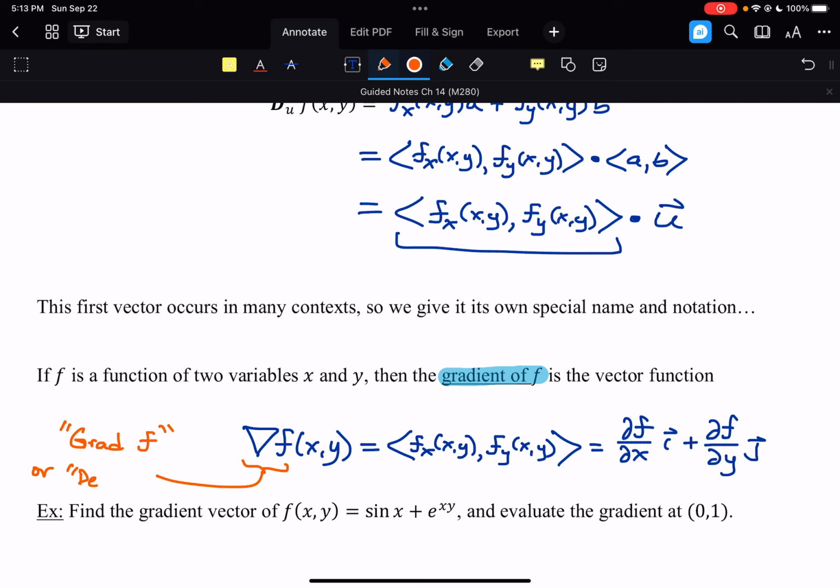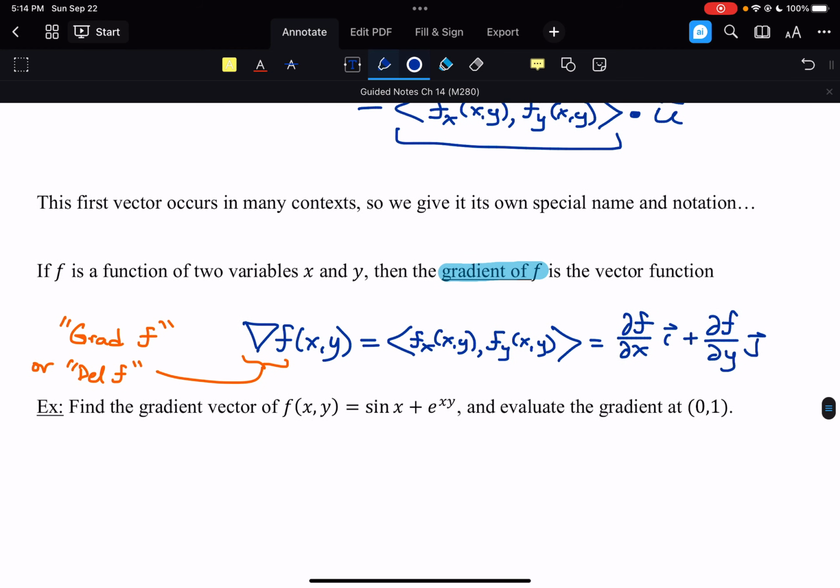Or sometimes you'll see it as del f. If we had a fully upright triangle, this would be delta, so this is kind of like that, and we call it del. So if you hear grad f or del f, that just means the gradient of the function, which again is just a vector whose components are the partial derivatives of that function.